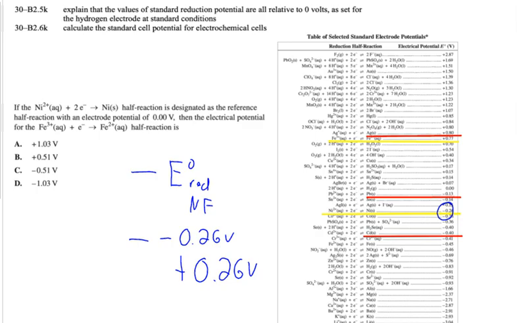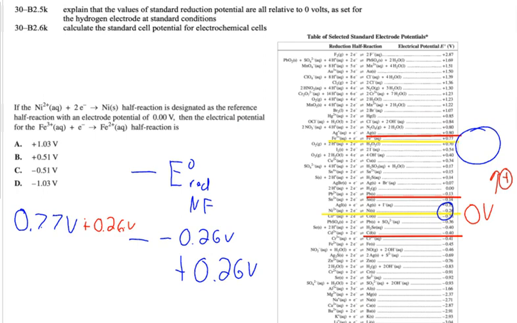So we can figure out what the value would be for our iron. The old value is 0.77 volts, and we would want to subtract the negative 0.26, or I'm just going to write it as add 0.26 volts. Now, one important thing to realize when we switch something to a new reference, a new zero: anything above that new reference will be positive, and anything below that new reference will be negative.